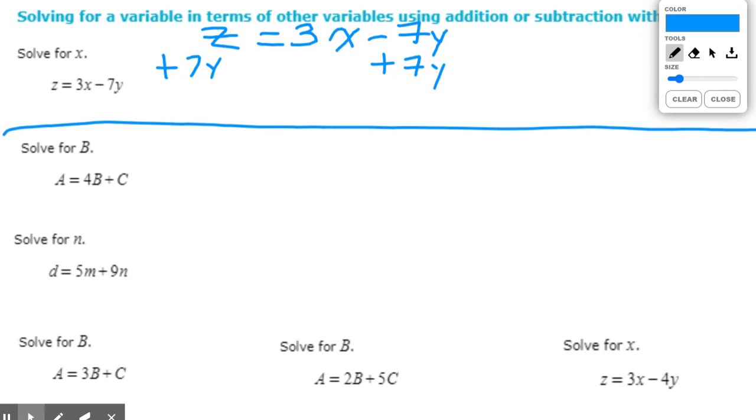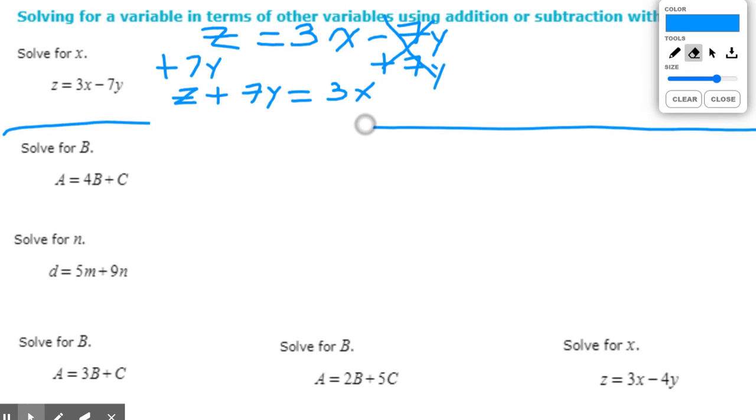By doing so, we have z plus 7y is equal to 3 times x, because our negative 7y and our positive 7y canceled out.